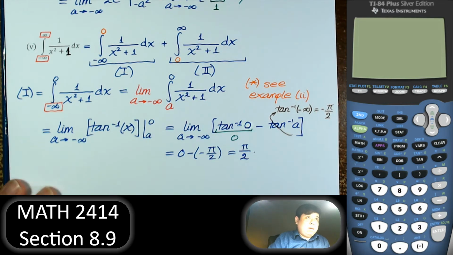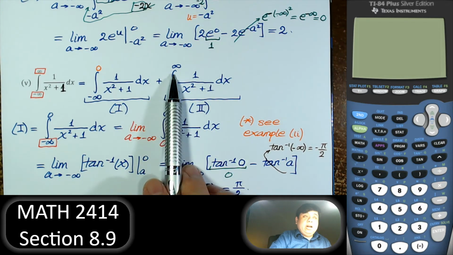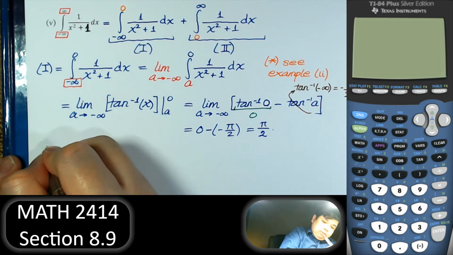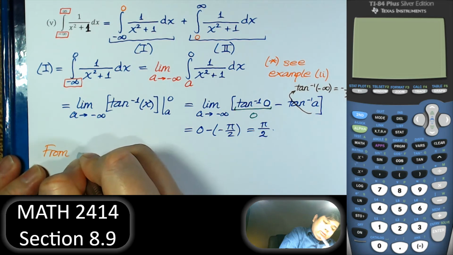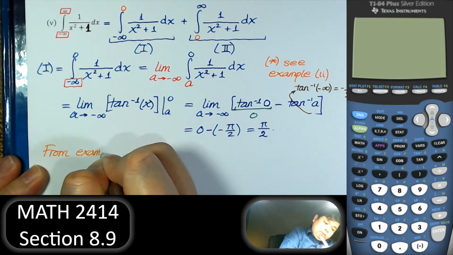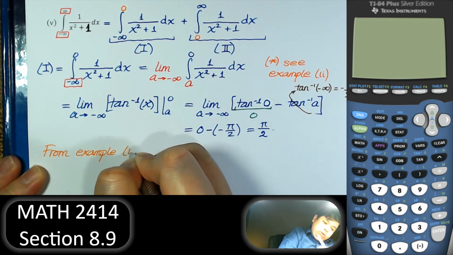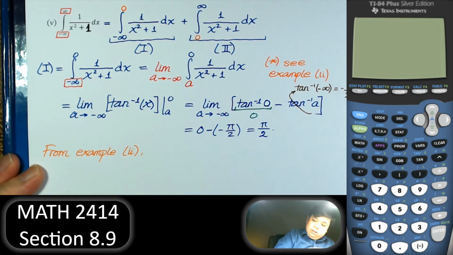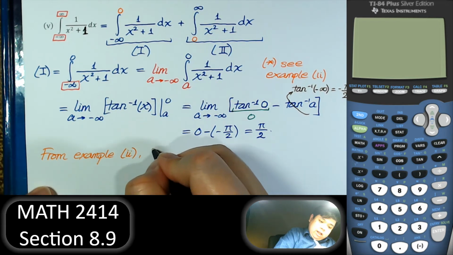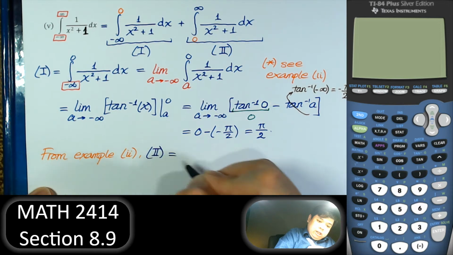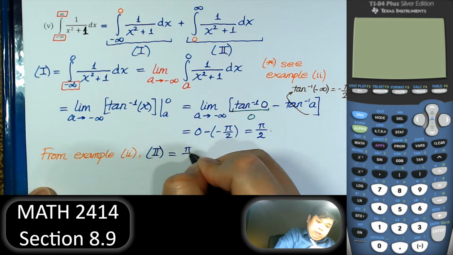And from the previous example, from example 2, the second integral equals pi over 2.